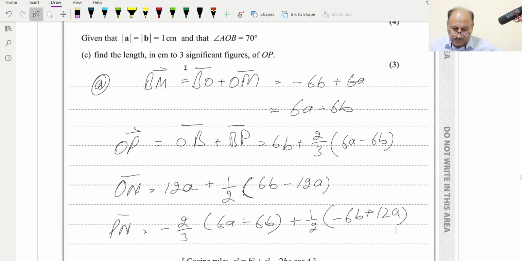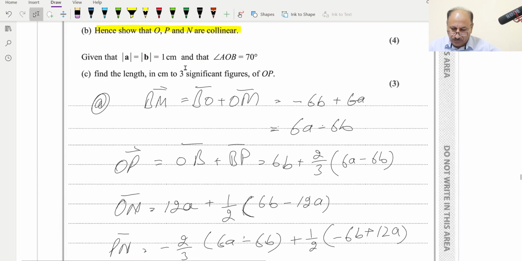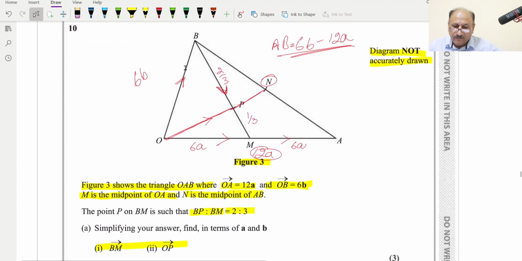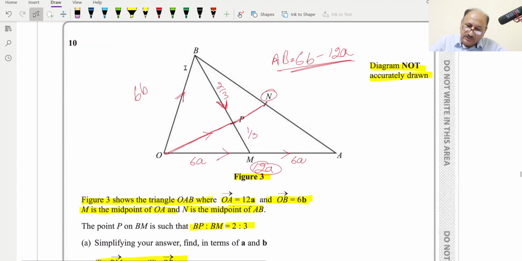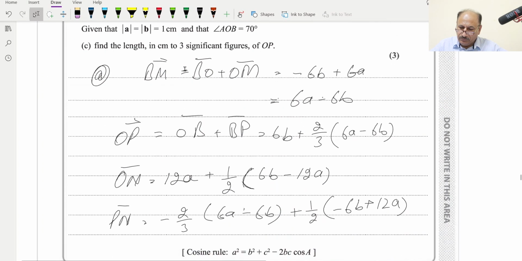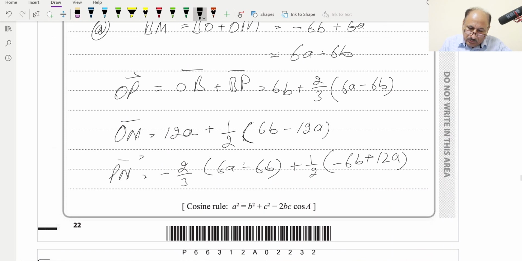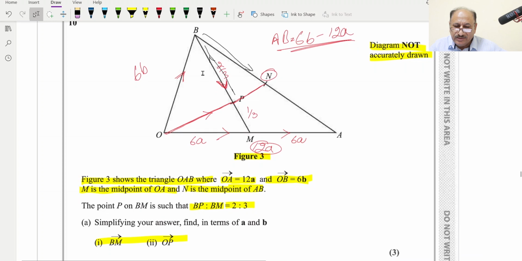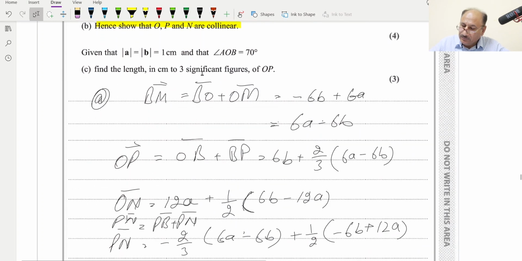So we are taking this route and then this route: PB plus BN, not PN.